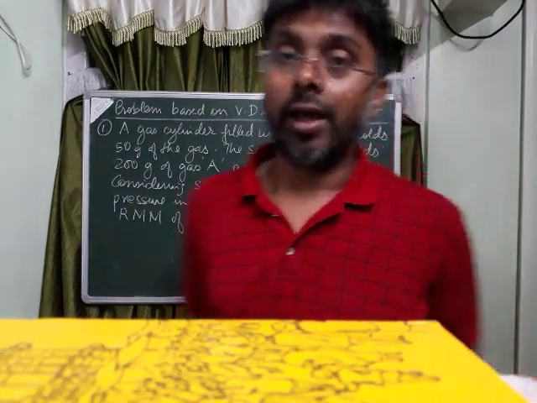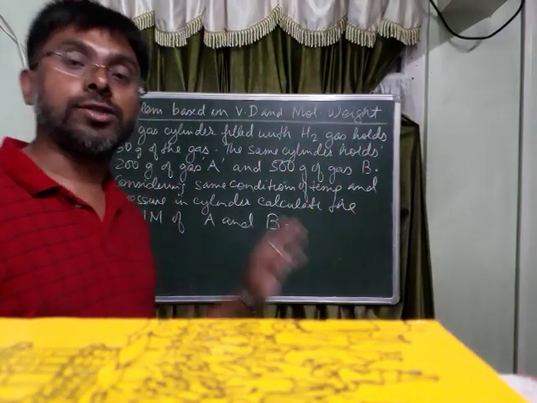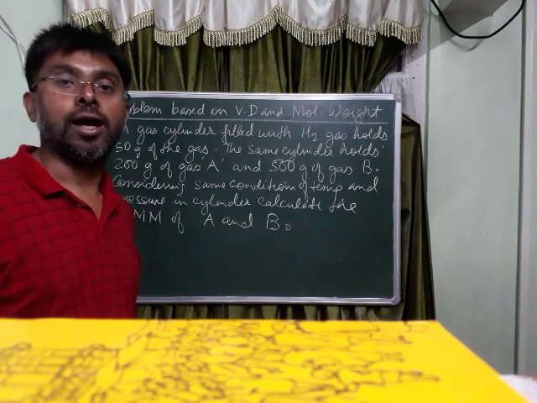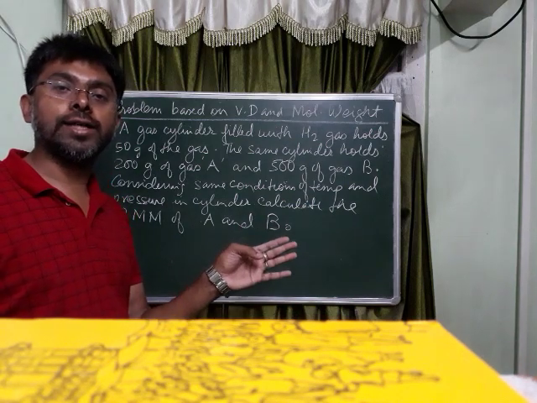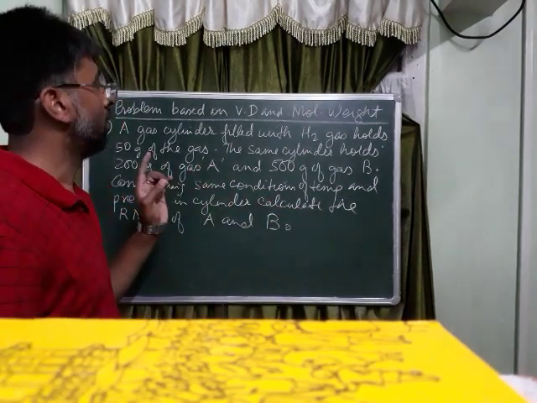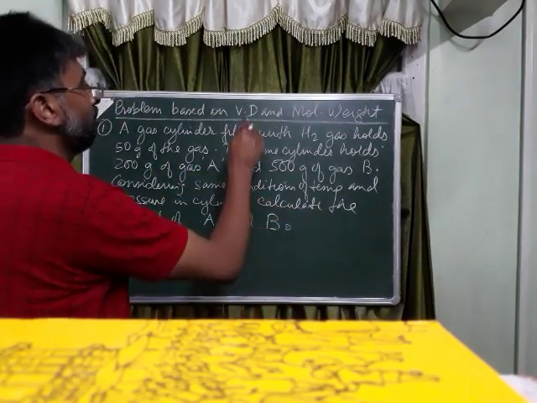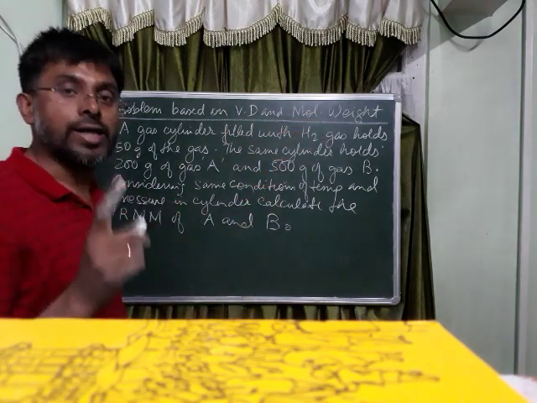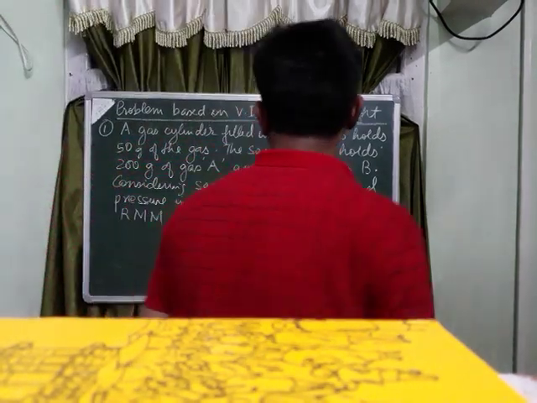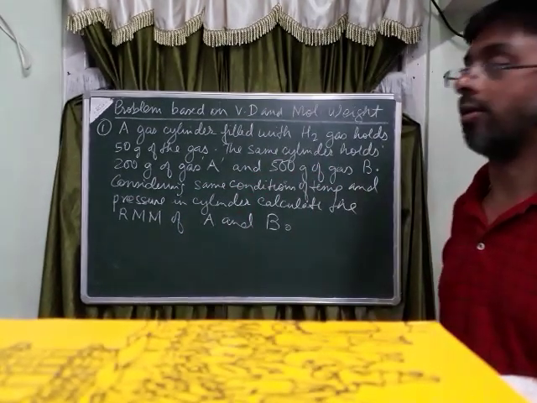Now, last time in my previous video I have given you the formula of vapor density. Vapor density is defined as mass of a certain volume of gas divided by mass of an equal volume of hydrogen. And relation between vapor density and molecular weight is twice into vapor density is equal to molecular weight. So keeping those two formula in mind, we will try to solve this problem.